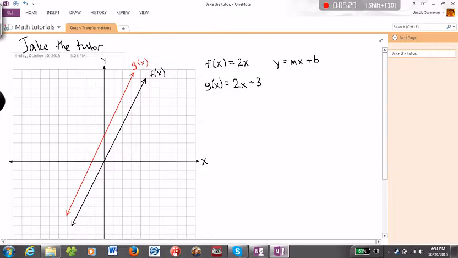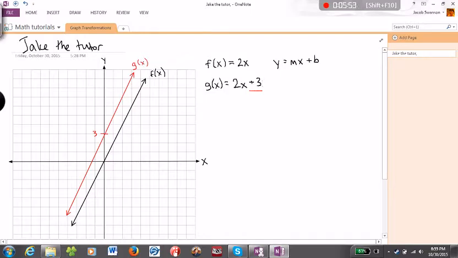As we can see, it crosses at y equals 3, so we have a new line which is now shifted 3 units up. All we did is add 3 to our original function. That's basically the basis of graph transformations in the vertical direction.